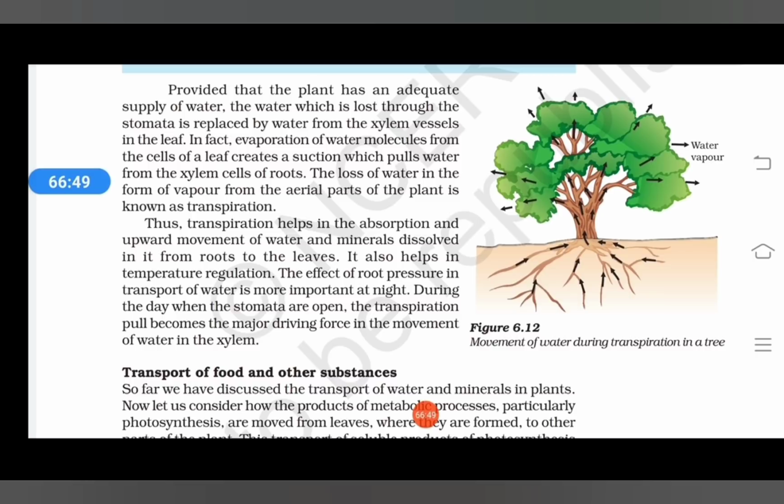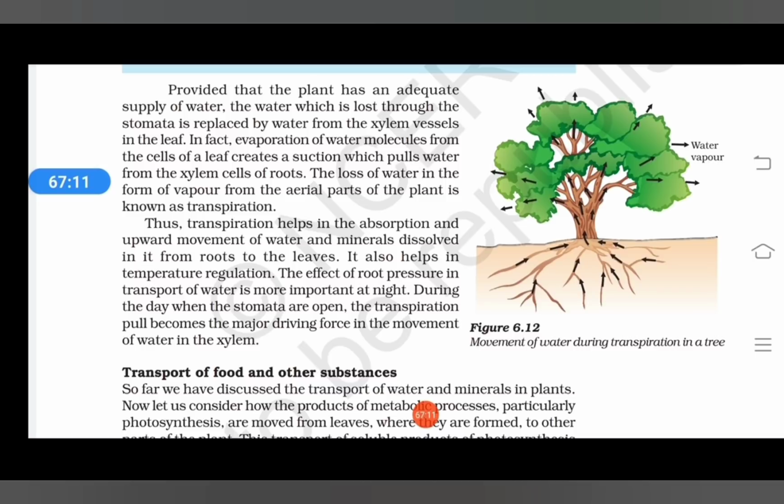In fact, evaporation of water molecules from the cells of a leaf creates a suction which pulls water from the xylem of roots. The loss of water in the form of water vapor from aerial parts of the plant is known as transpiration.